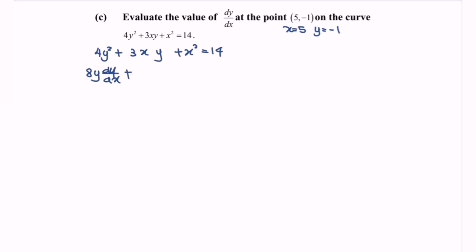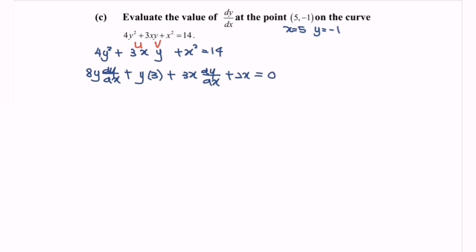plus with the situation where we have u and v. Make use of the product rule. So where we have y multiplied with 3 plus 3x multiplied with the dy/dx plus 2x equals to 0.